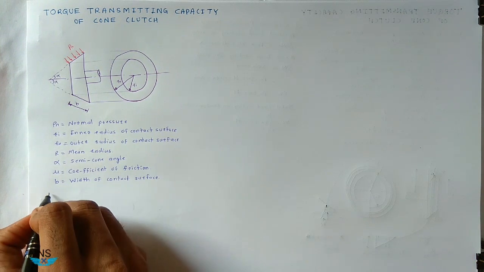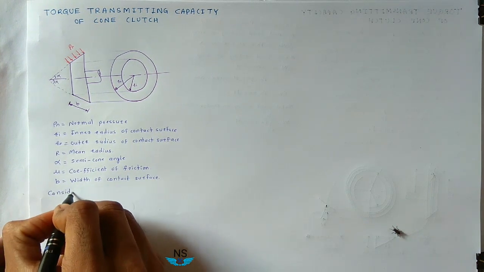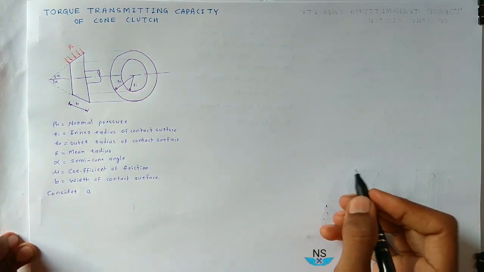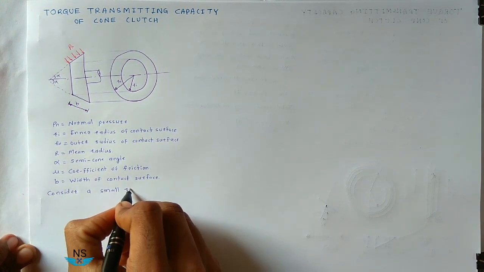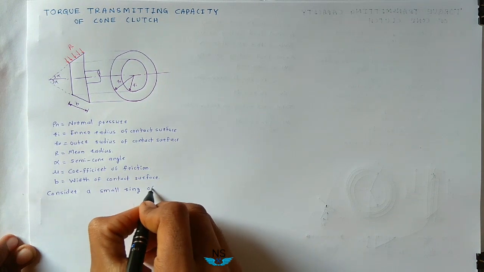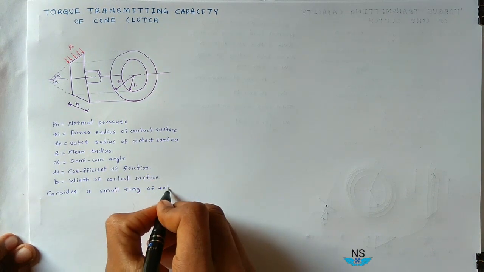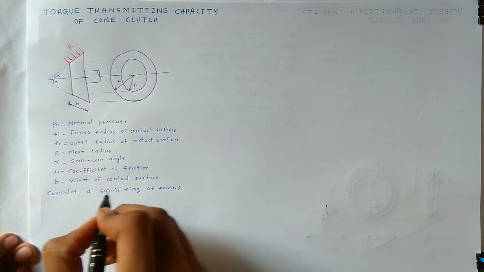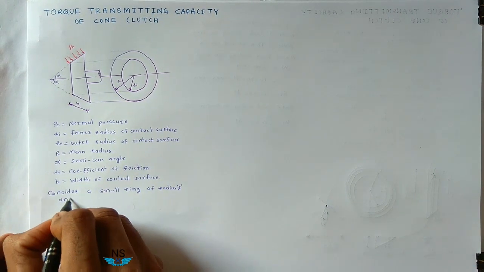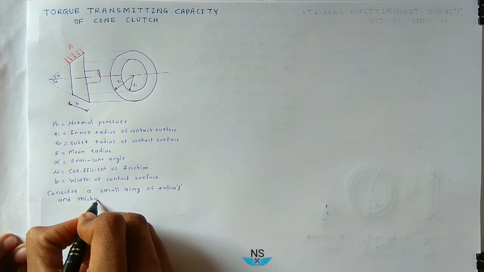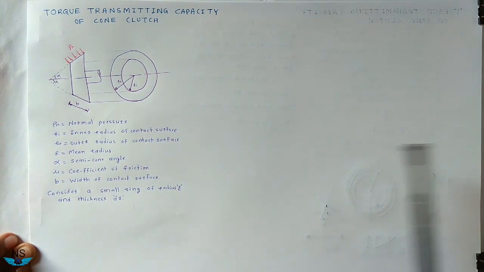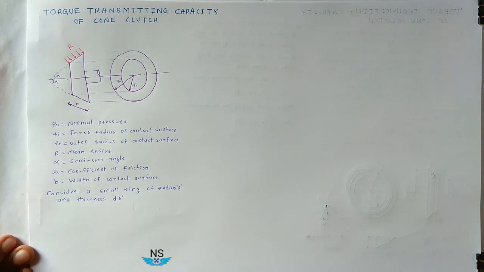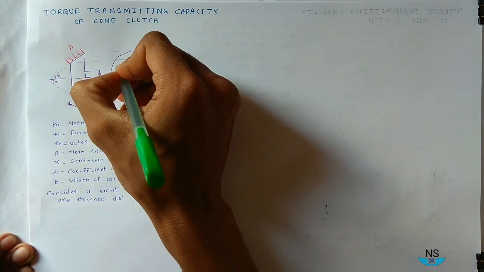Now let us consider a small ring of radius R and thickness dr. Let us consider here one ring.